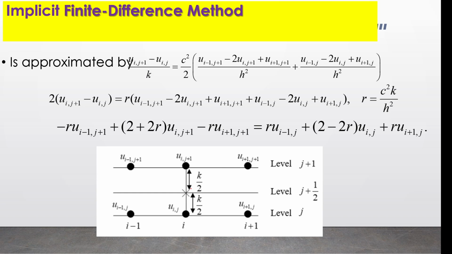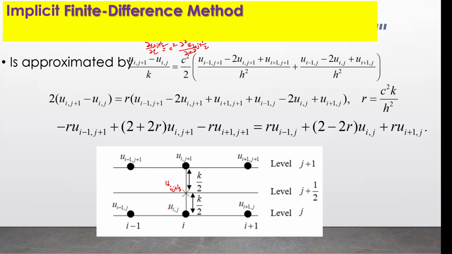And then for the second derivative of u at the point (i, j+1/2), this is level j plus half, which is the average of level j and level j plus 1. Initially we have ∂u/∂t equal to c² ∂²u/∂x² at the point (i, j+1/2).